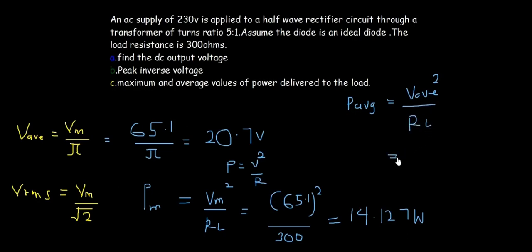In this case, you got the average voltage to be 20.7, so that will be 20.7 squared over the load resistance, which is 300 ohms. So let's see what that will give us.